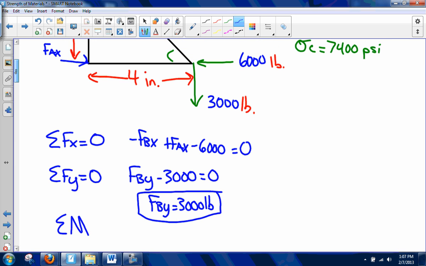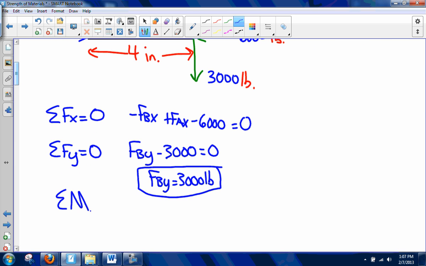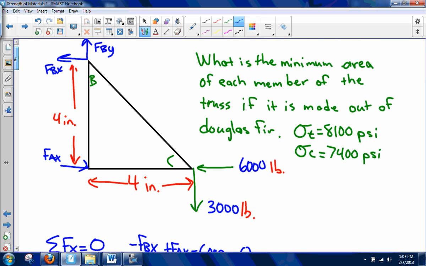And I'll do sum of the moments at A this time. They need to equal 0. So if I'm looking at A, forces that are going to make a moment can't pass through A. So this 6,000, if I extend the line of action, goes right through A. That one's not going to make a moment.